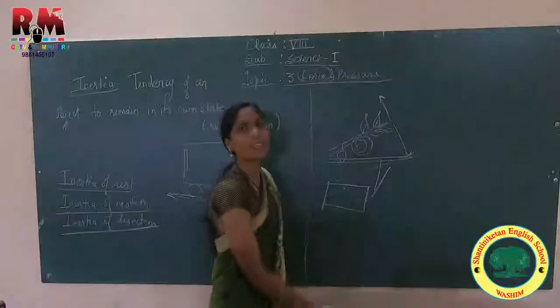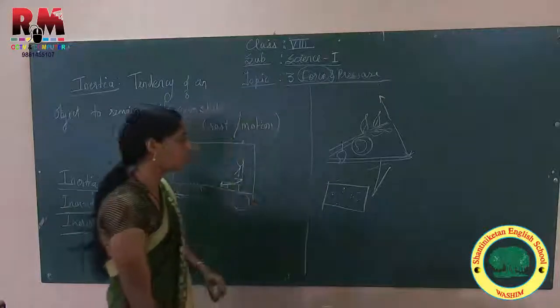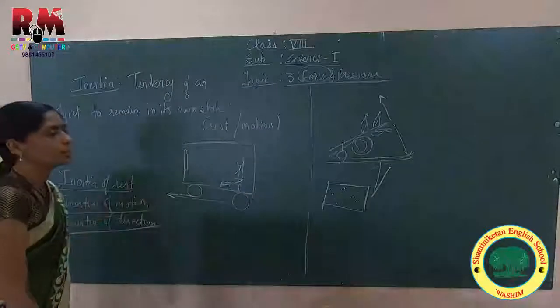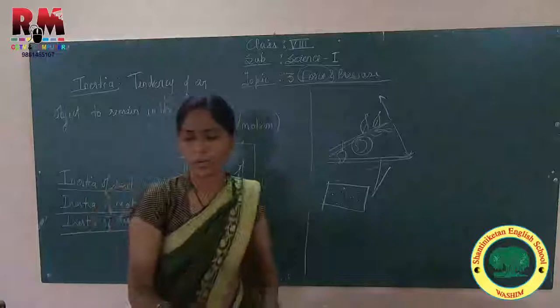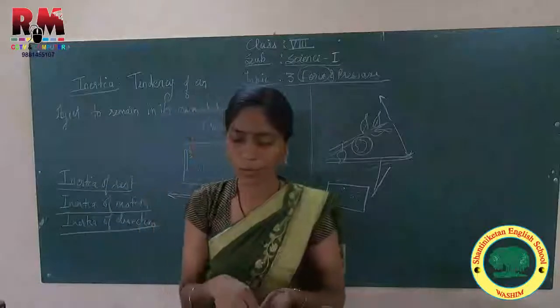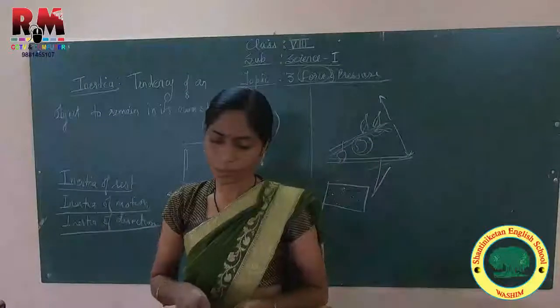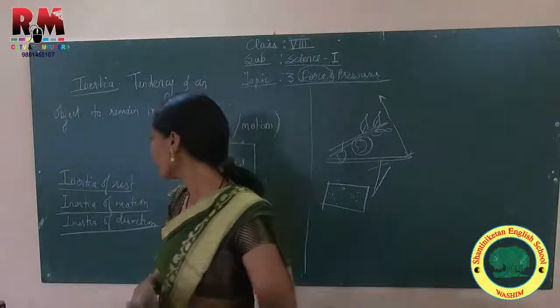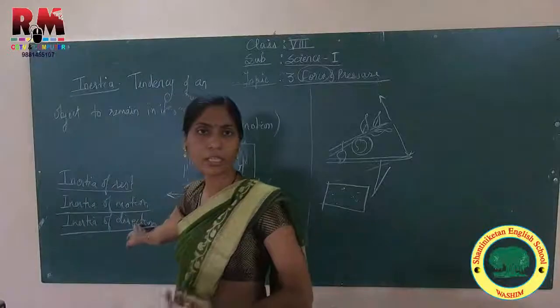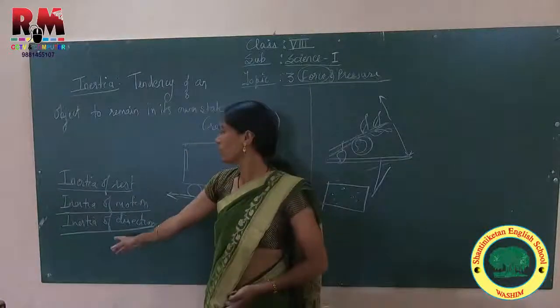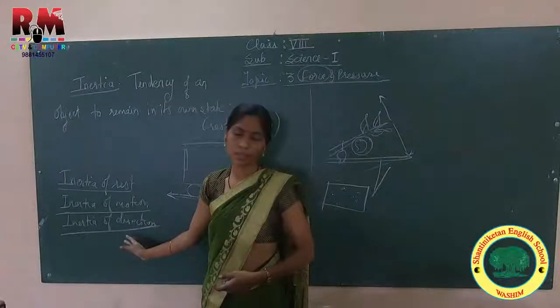Why? Because it has inertia of rest, okay. So these are good examples of inertia of rest. There are a lot of examples of inertia of motion also. Now you can call it directional inertia also, inertia of direction, okay.